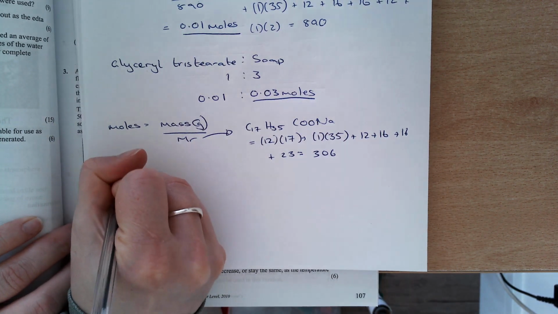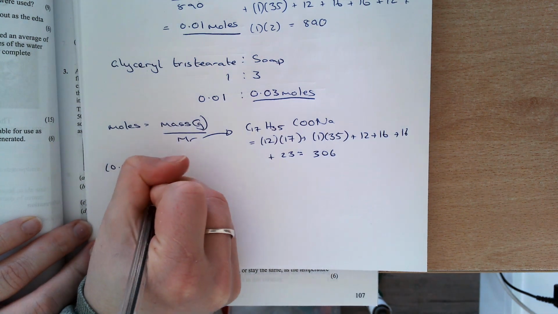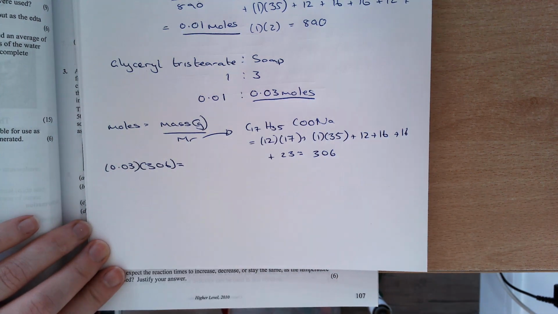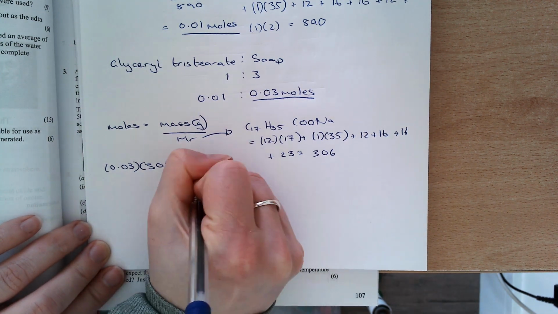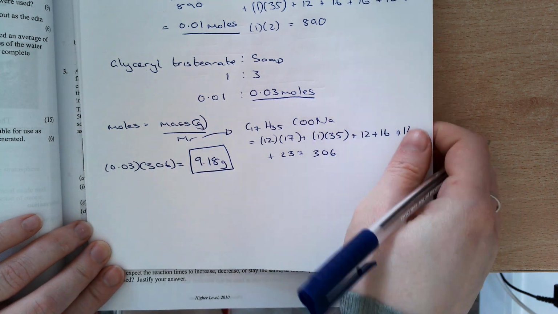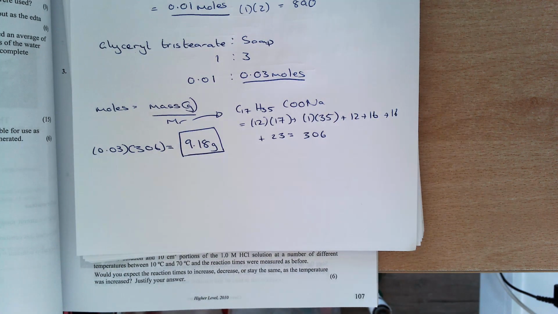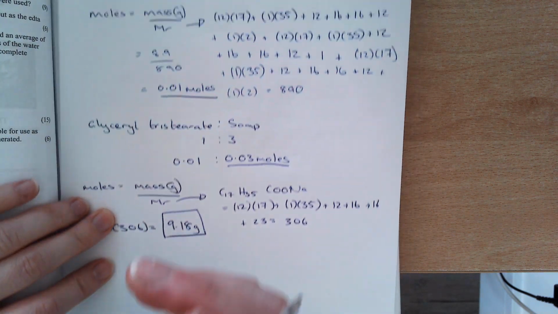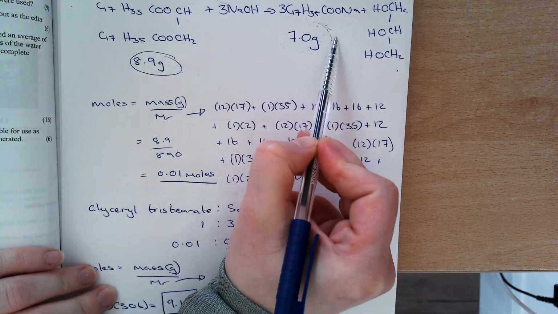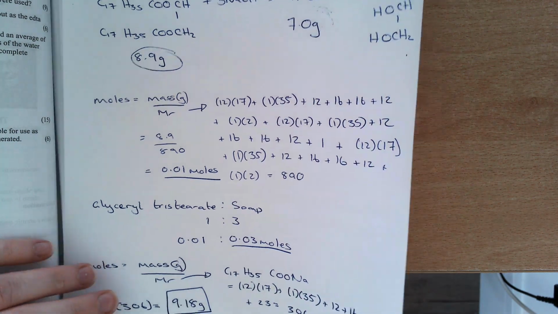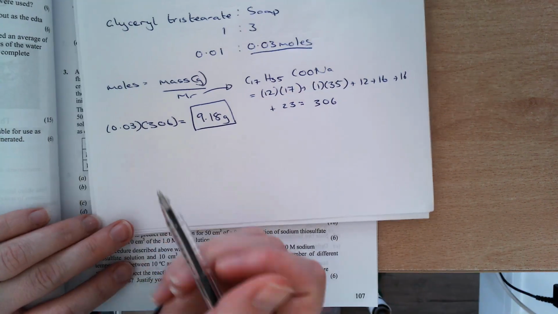So I have 0.03 multiplied by 306, and that gives me 9.18 grams in theory. So if I had 100% being produced, I'd end up with 9.18 grams. However, I don't have 9.18 grams made. In the question I'm told I've only 7.0 grams.